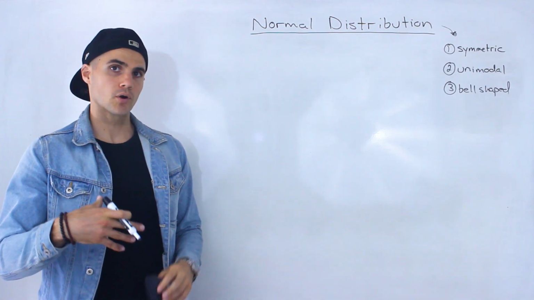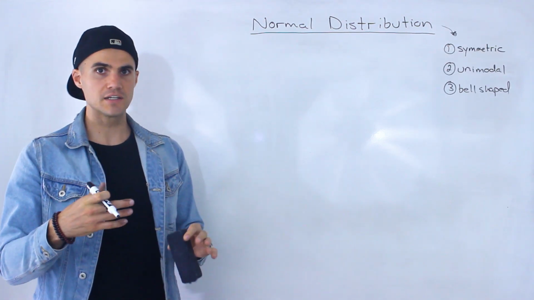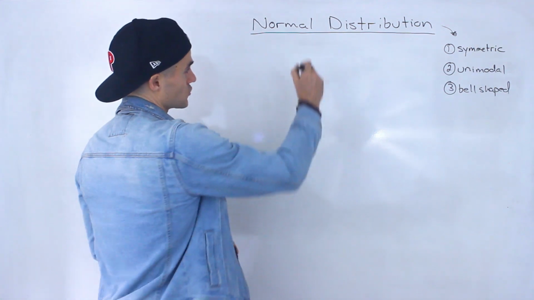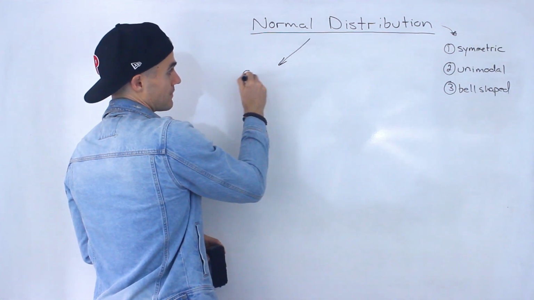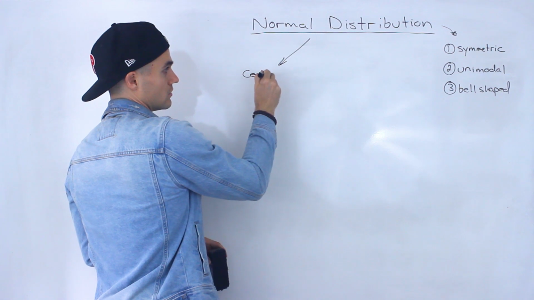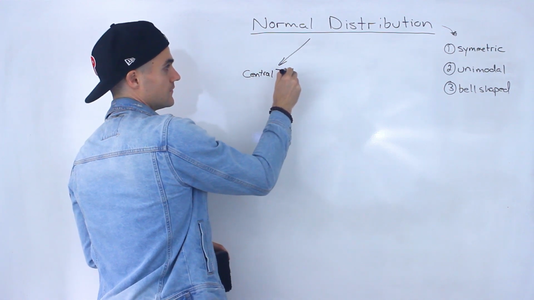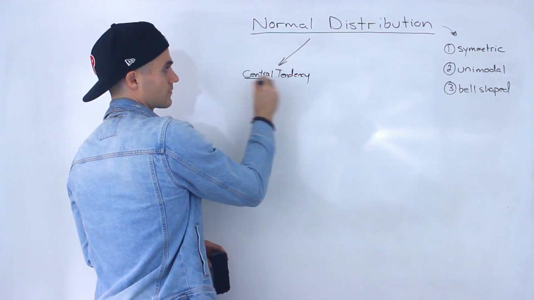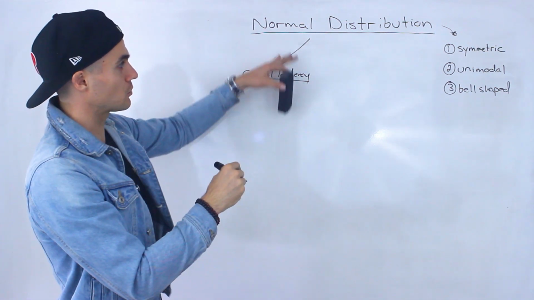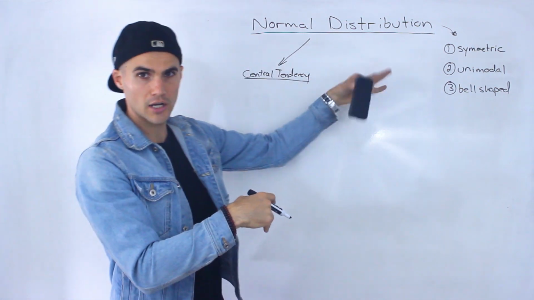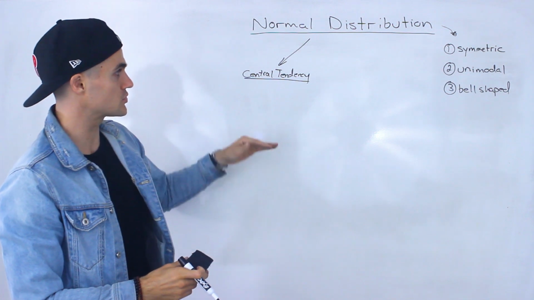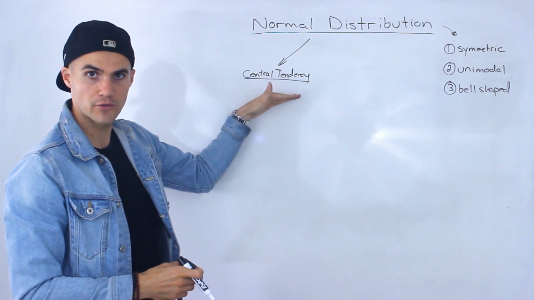Now, if you remember, when we talked about how data can be described, it can be described in 2 ways. We could look at the central tendency, and notice that with the characteristics a normal distribution has, we've been talking about the central tendency.